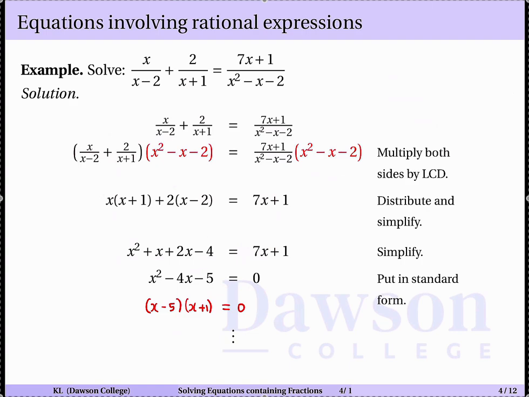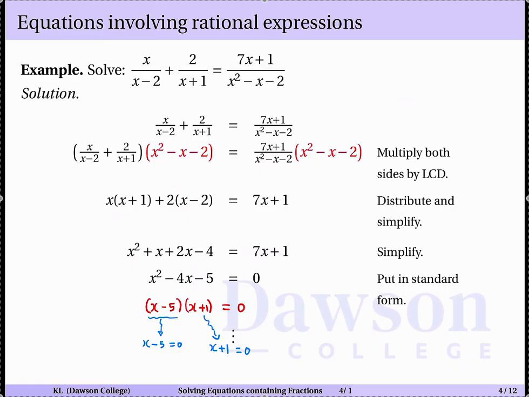So coming from this expression, we will have x minus 5 equals 0. While coming from this expression, we have x plus 1 equals 0.